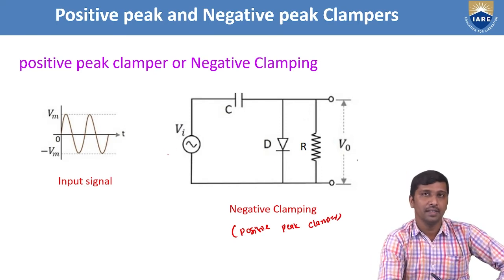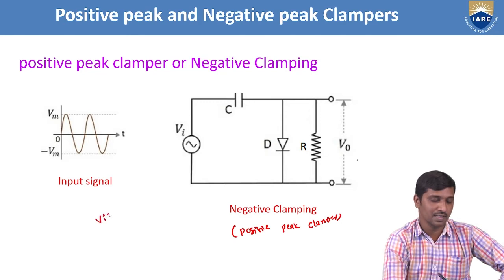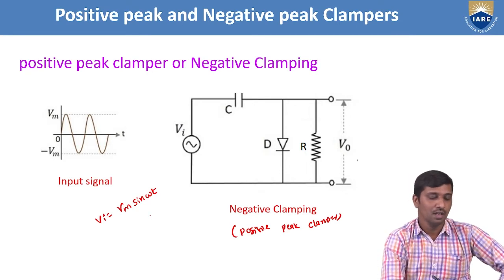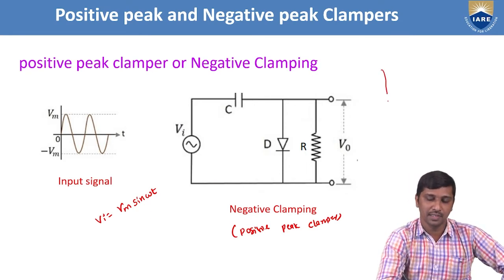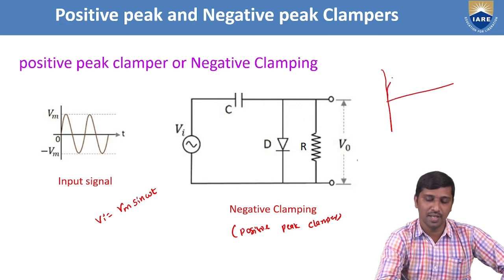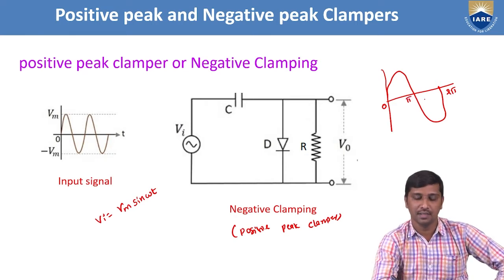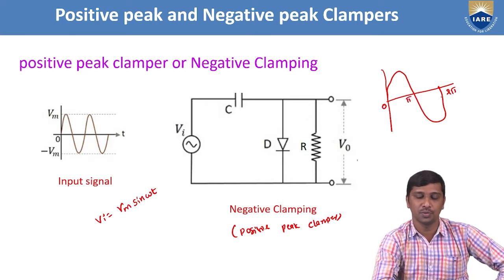Here we apply a sinusoidal input signal, represented as Vi equals Vm sin omega t. For this input signal, we consider the duration 0 to 2 pi. So one half duration is 0 to pi, and the other half duration is pi to 2 pi.